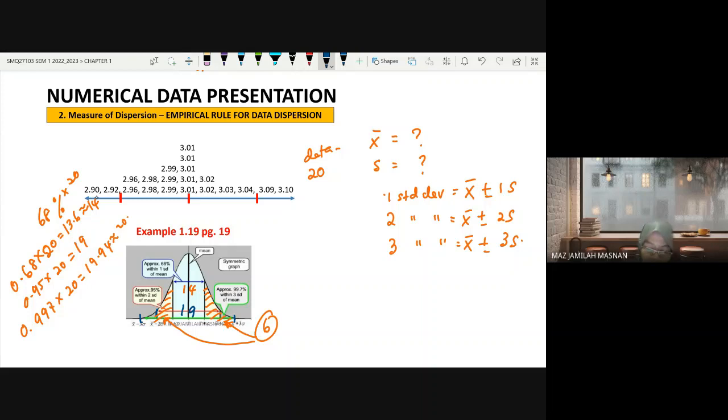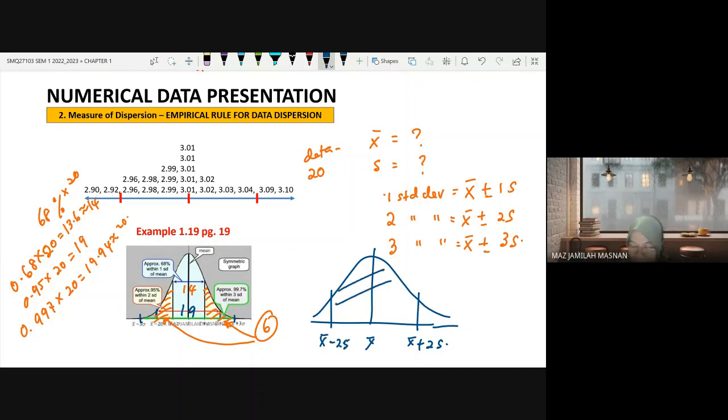So for 19, x bar plus 2 standard deviation, and x bar minus 2 standard deviation, you will have 19 data inside.